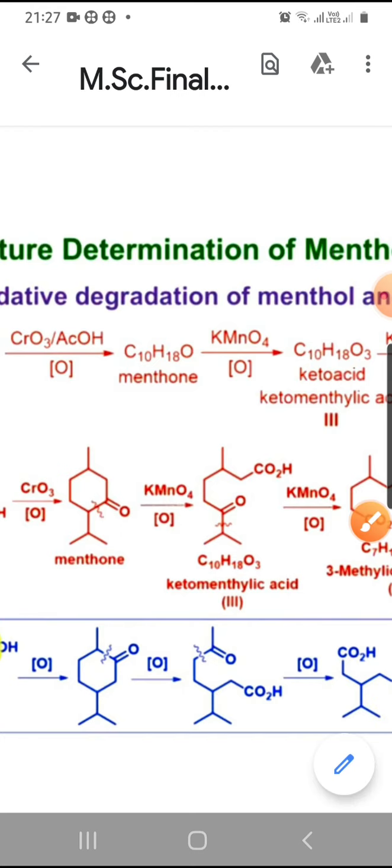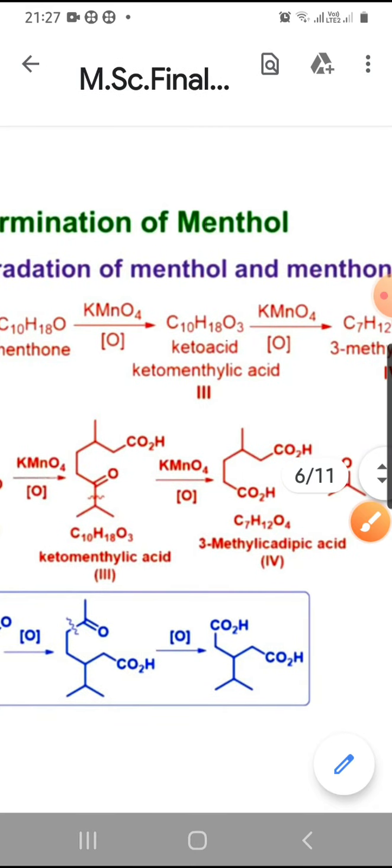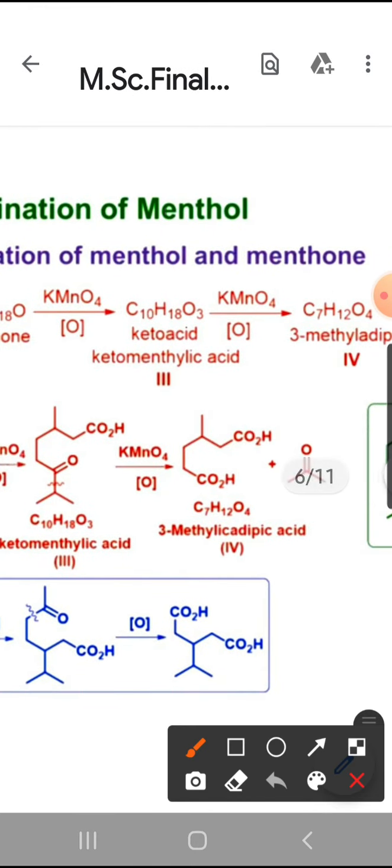And this ketomenthylic acid on further oxidation forms 3-methyl adipic acid, and this time the bond breaks from here. The isopropyl group is breaking off and forms 3-methyl adipic acid plus acetone.